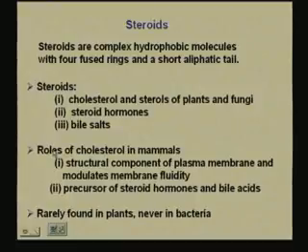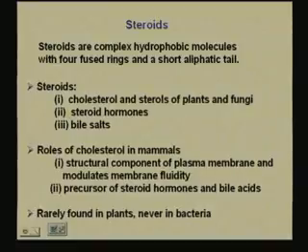Now, what are the roles of cholesterol in mammals? You know that fat is good for you. Okay? All cholesterol is not bad. You need some fat, you need some cholesterol also. The roles of cholesterol in mammals are that it acts as a structural component of the plasma membrane and modulates membrane fluidity.